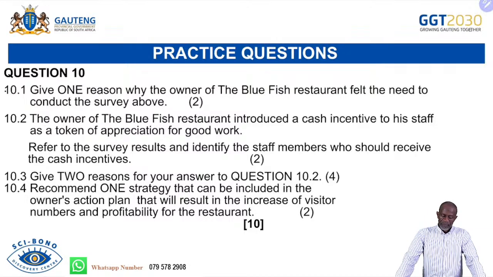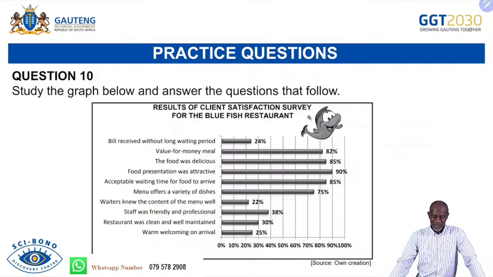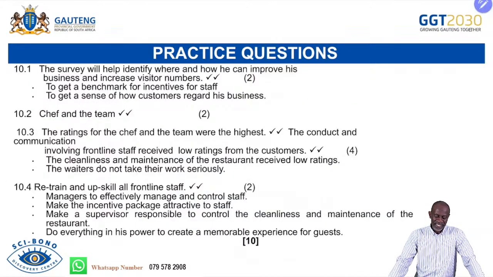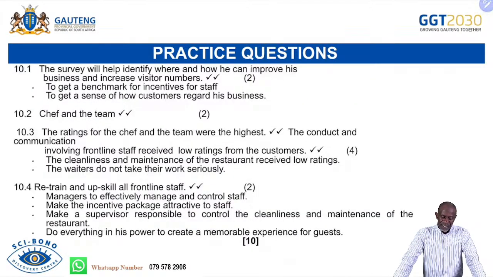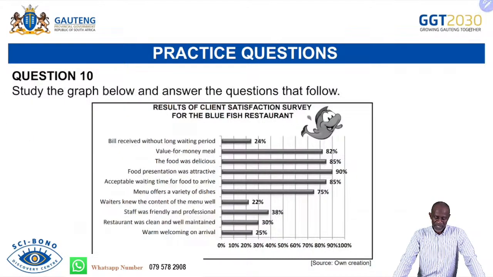Now, as we go back to the survey results, figures will tell you which of the employees would deserve that. But let's look at what the answers say. 10.2, it says chef and the team. Let's look how the chefs and the teams are rated.